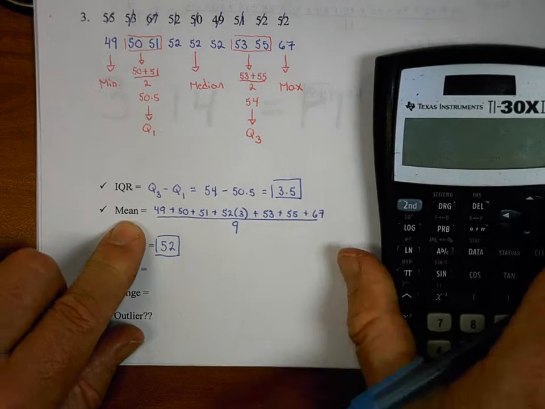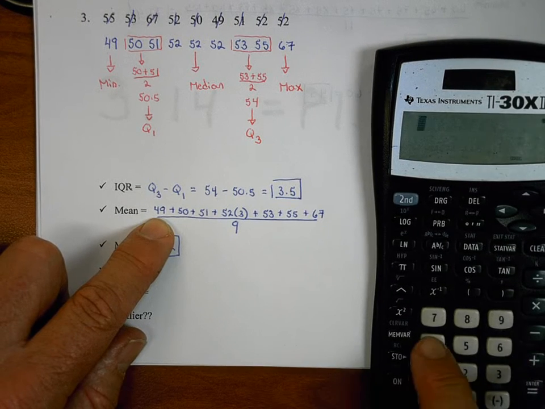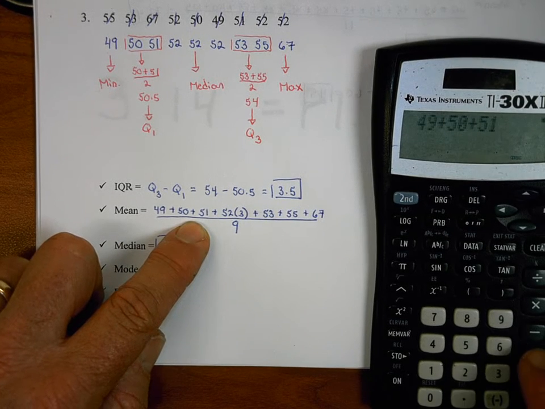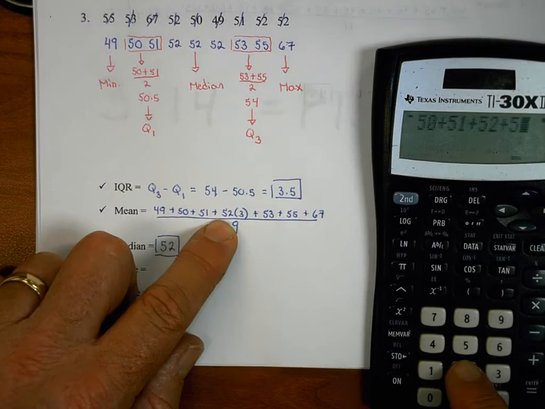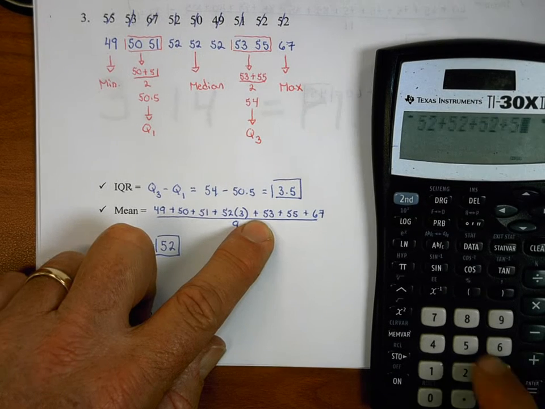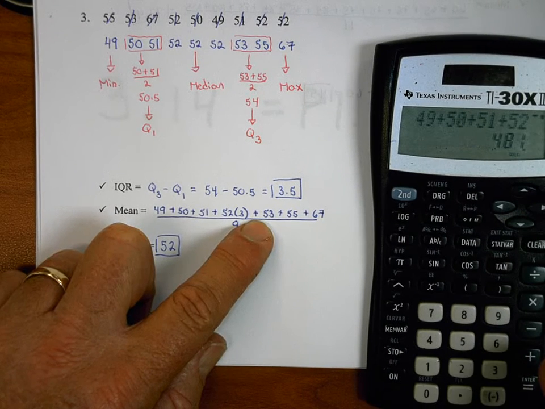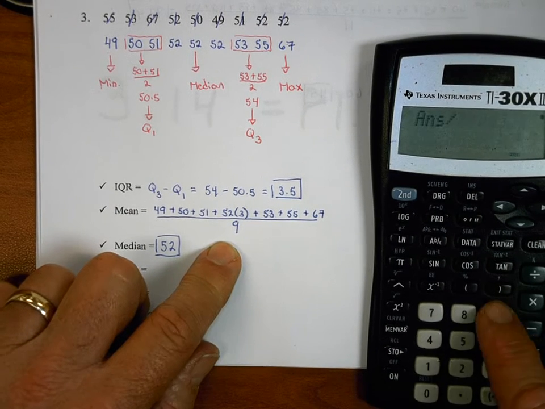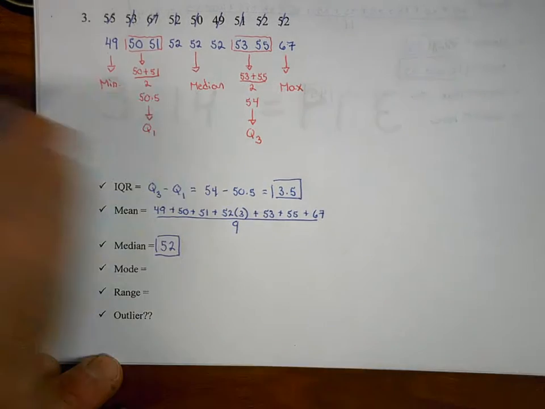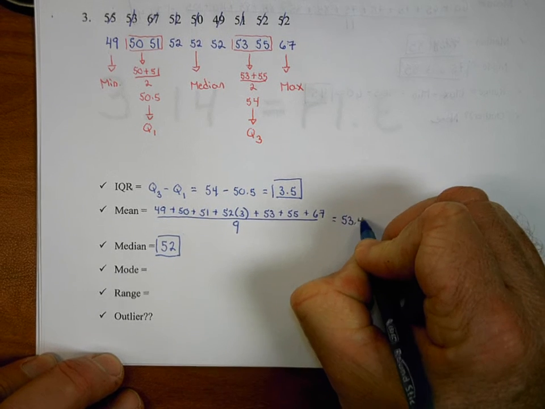Another word for mean is average. So I'm finding the average of all my data. So 49 plus 50 plus 51 plus 52 times 3, plus 53 plus 55 plus 67 totals up to 481. I divide that by 9 and I get 53.4, and the 4 repeats. So my average, or my mean, of my data is 53.4.